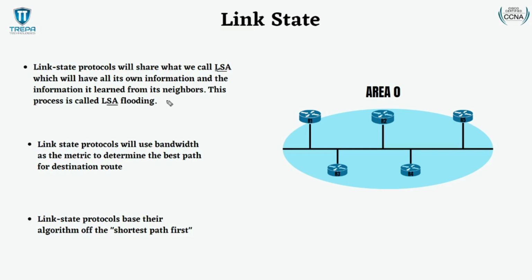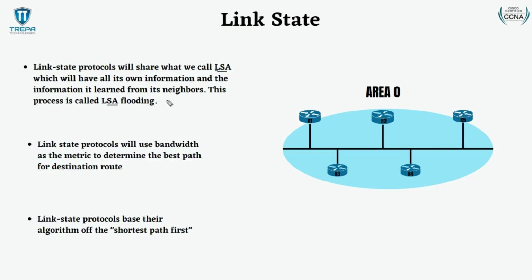And once your link state database is fully converged and synchronized, we run our shortest path first algorithm to place the best routes from our link state database into the routing table, and that algorithm is based off bandwidth. We're just going to keep that at a high-level overview for now.